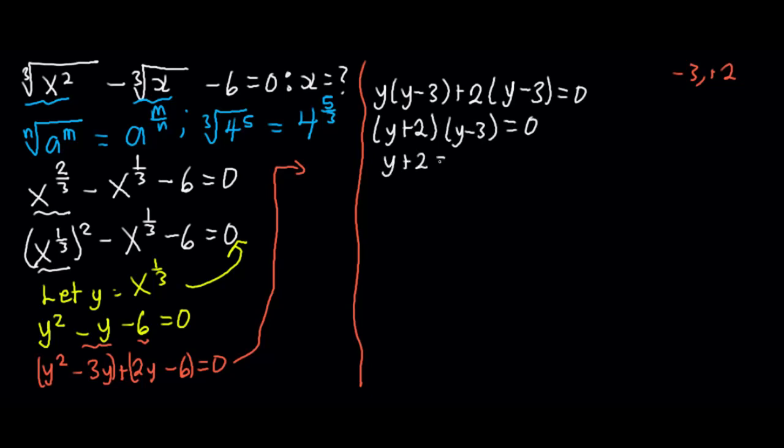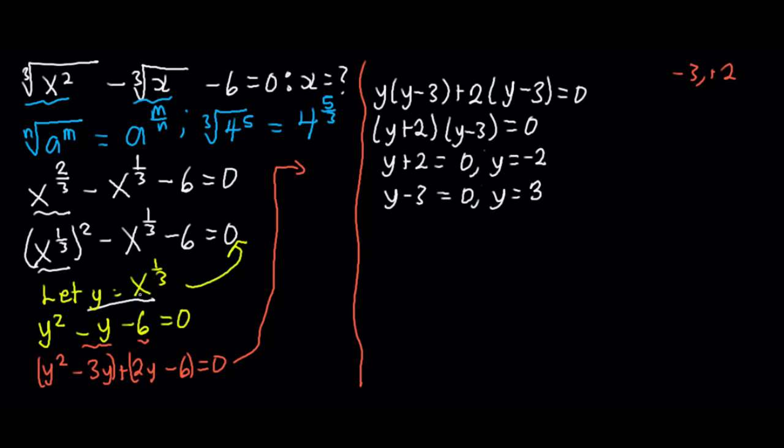So y plus 2 is equal to 0 and y becomes negative 2. Also, y minus 3 is equal to 0 and y becomes positive 3. But from here, we've seen that y is equal to x exponent 1 on 3.